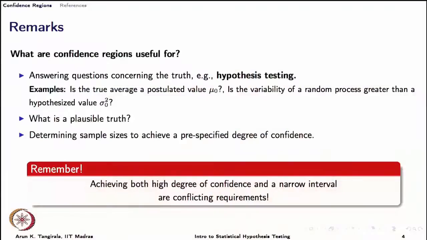And of course, for certain estimation problems, this is an easy question to answer because we will have analytical expressions for the width of the confidence interval and the sample size, as we will see shortly. For certain other estimation exercises, one may have to adopt a trial and error approach.